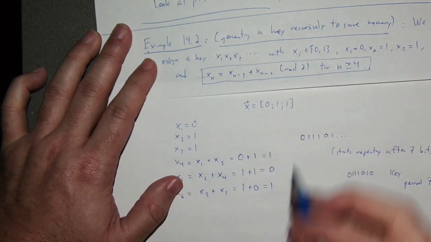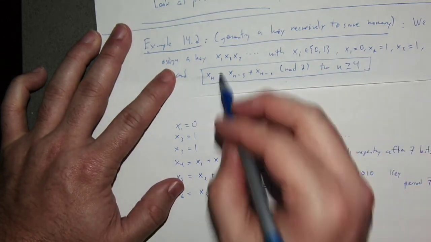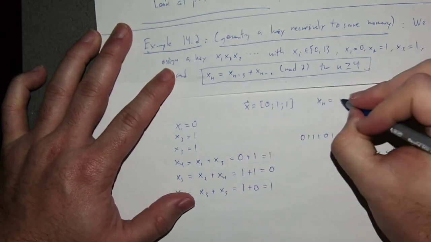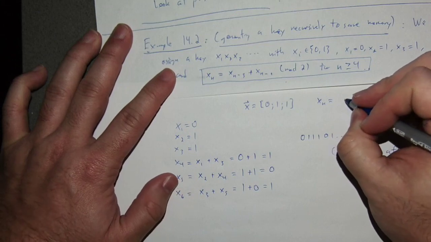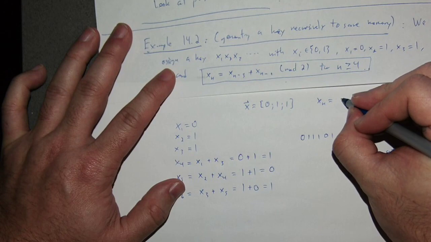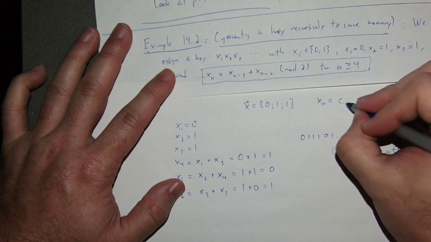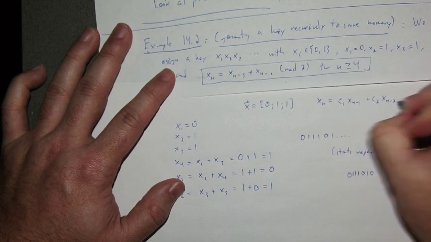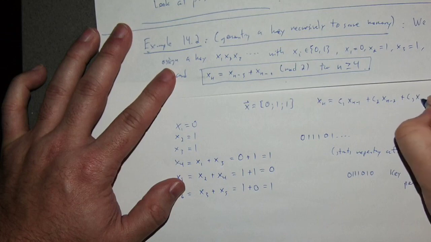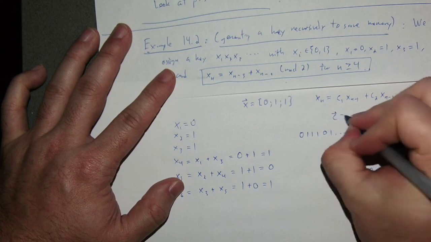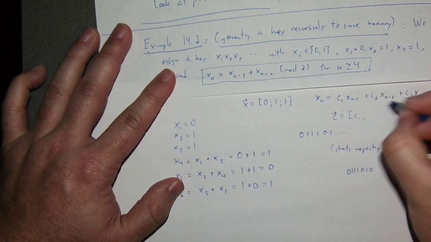And the coefficients on my recursion are the following. My recursion is going to be x sub n equals c sub 1 x sub n minus 1 plus c sub 2 x sub n minus 2 plus c sub 3 x sub n minus 3. And so I have a vector c that is exactly those entries.